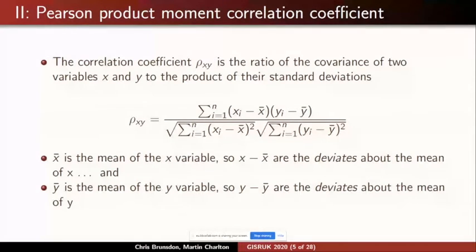The top gives us the measure of the covariance, and the bottom gives us the measure of the standard deviations, and we take the product of those. There probably should be some n's in there as well, but this is the global one, so they cancel each other out.